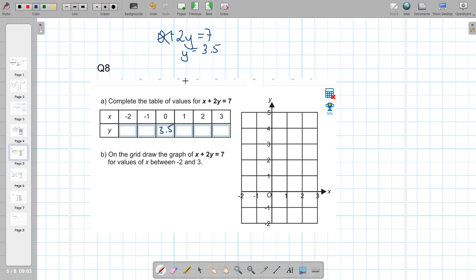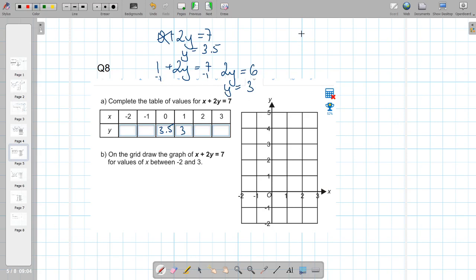For the next one, we've got 1 plus 2y equals 7. So we need to take away 1 on both sides. So that'll be 2y equals 6, right? We take away 1. So y equals 3.